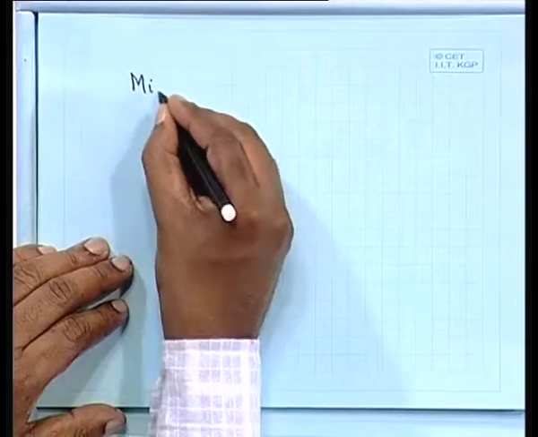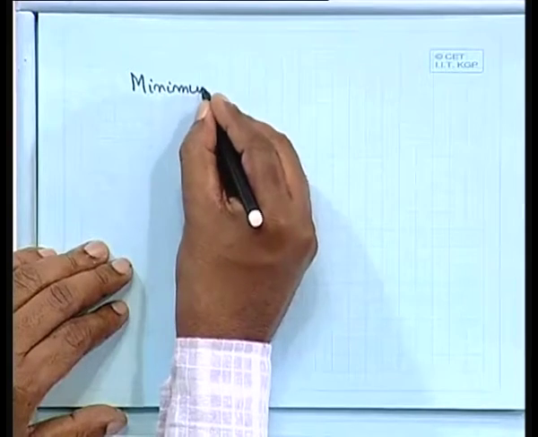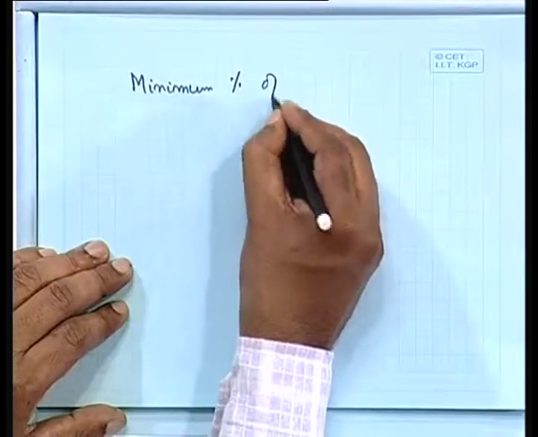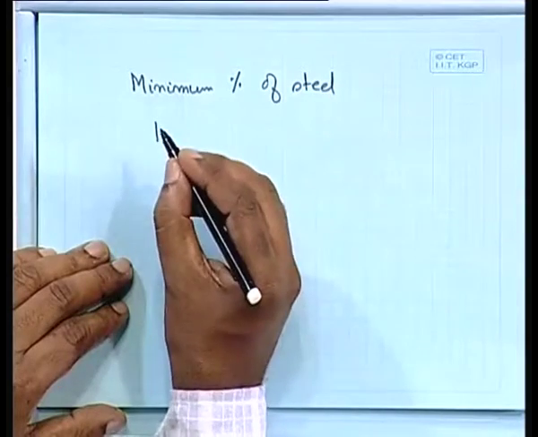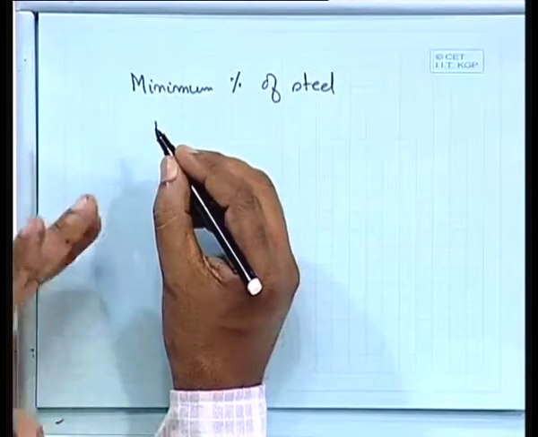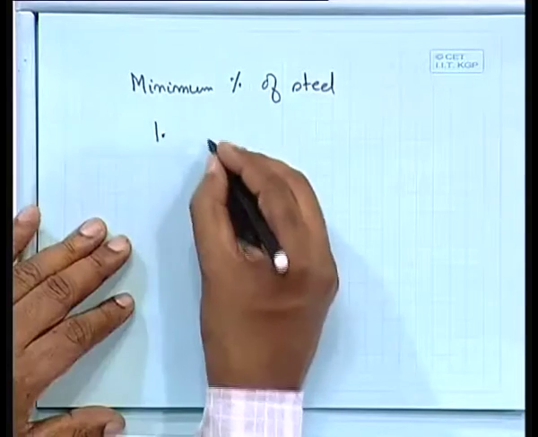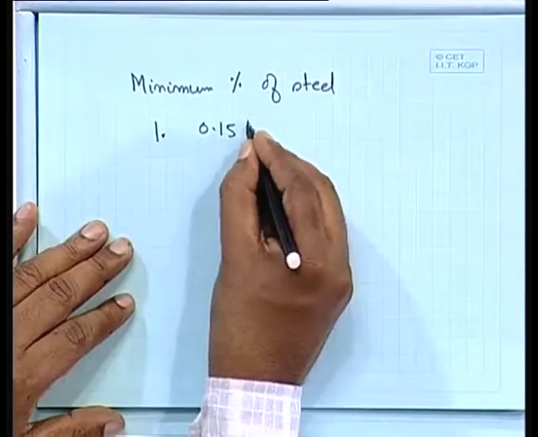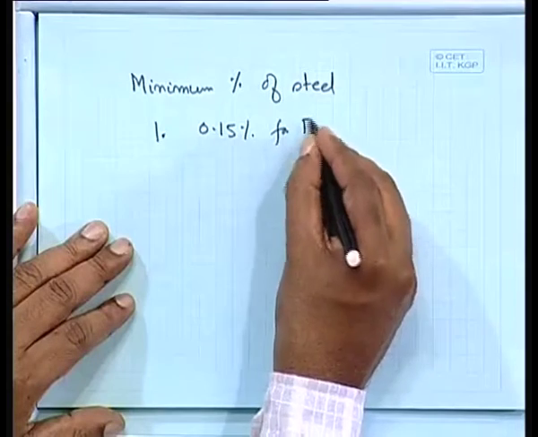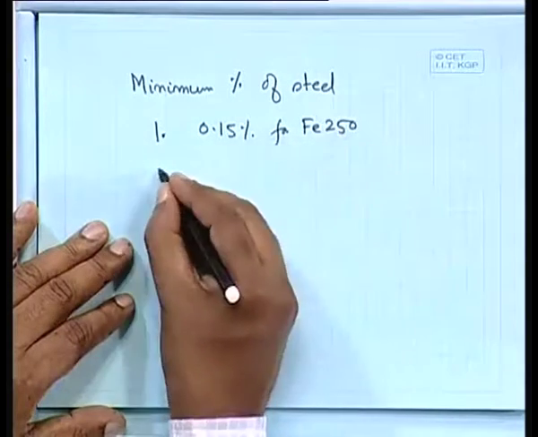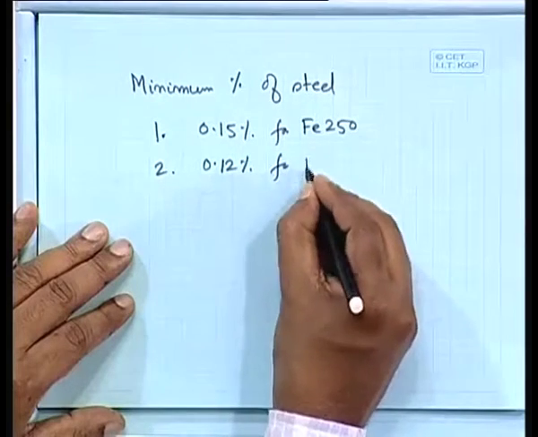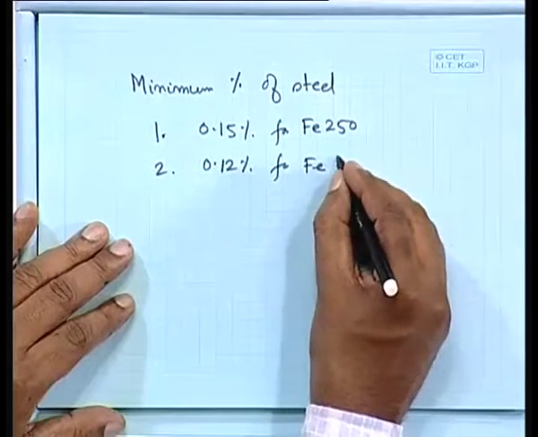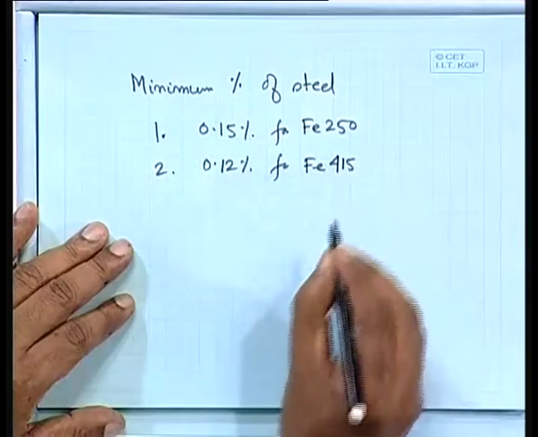So what about the minimum percentage of steel? In this case we shall use the same as for slab. Whatever minimum reinforcement we provide for slab, that is 0.15% for Fe 250 and 0.12% for Fe 415.